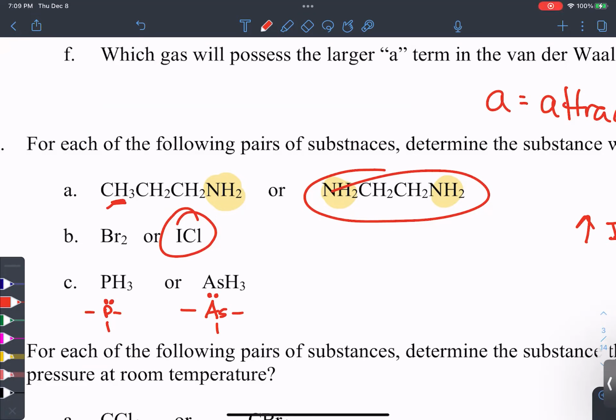Dipole-dipole. So it looks like they're both polar, but can you tell which one's more polar? I can't. I just know that they're both polar. So let's think about how they are different. Let's back up a little bit and compare their LDFs instead. Which one's heavier? The arsenic one. So that's going to be the one that has more IMFs, has a higher boiling point.